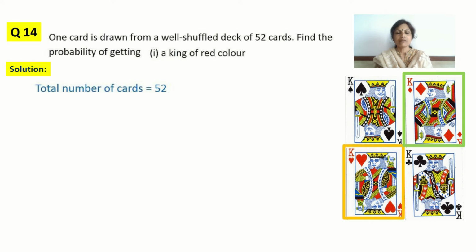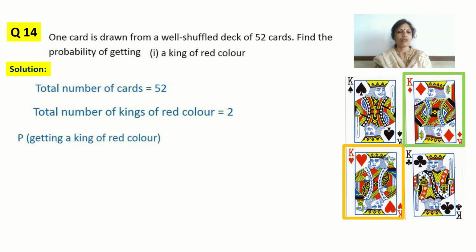So let's find the probability. Total number of cards is 52. Then the total number of kings of red color is equal to 2. So the probability of getting a king of red color is equal to the number of king cards of red color upon the total number of cards.